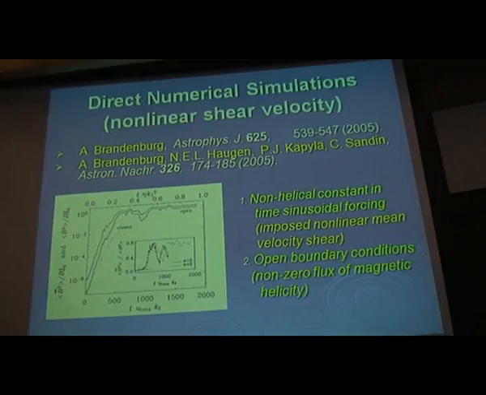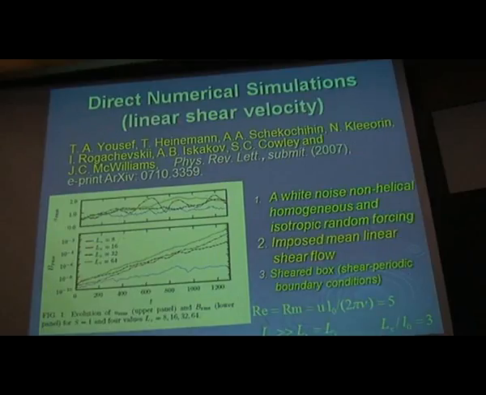The next simulation has been done recently by Tarek Yousef and Thomas Heinemann, also Alex Schekochihin, and we took part in this work. It used a code written by Schekochihin. I will speak about these simulations in the second talk.